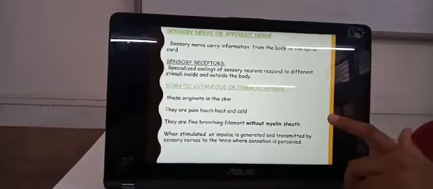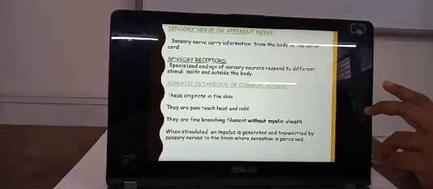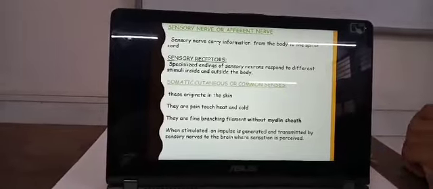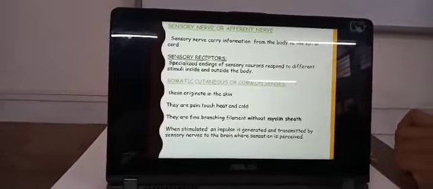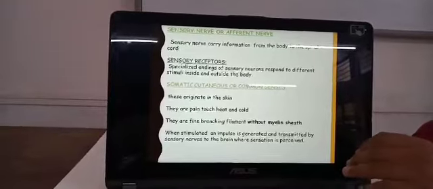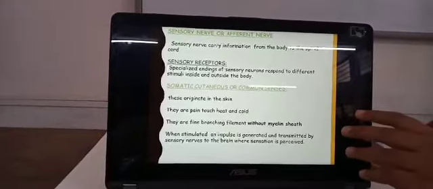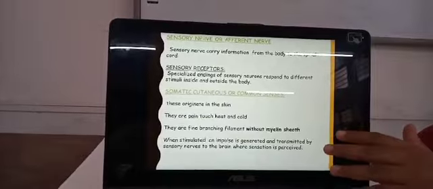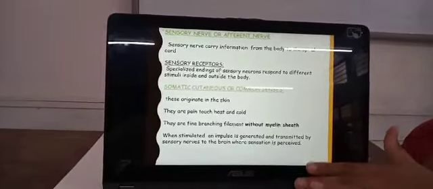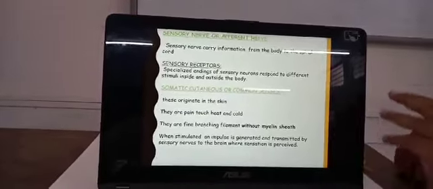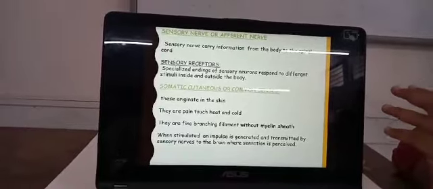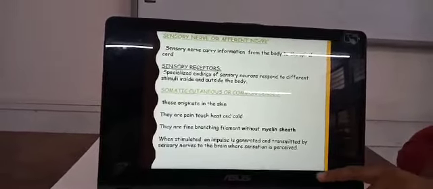Next, going to the sensory nerve or the afferent nerve. Sensory nerves carry information from the body to the spinal cord or the brain. Sensory nerves carry information from the body to the spinal cord and further to the brain. There is something called sensory receptors.